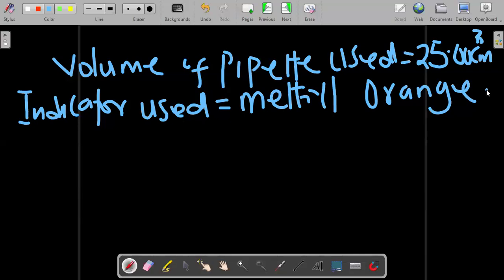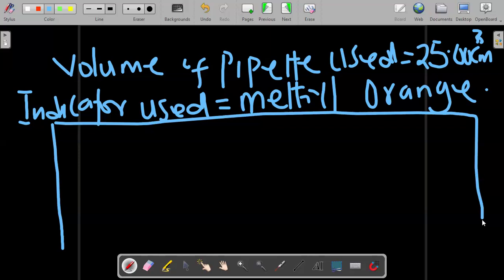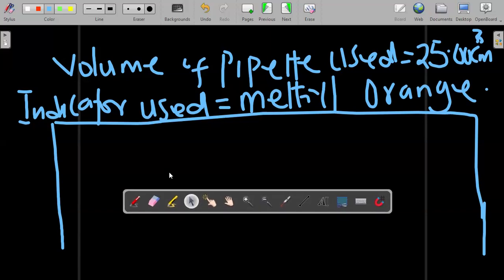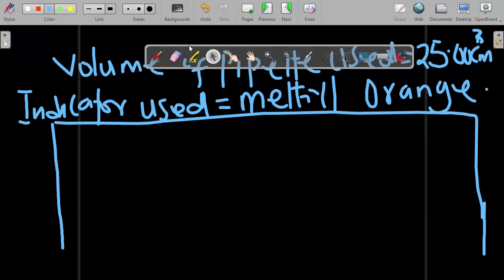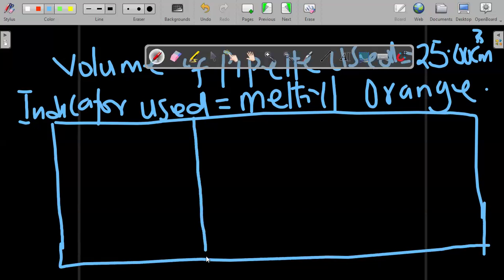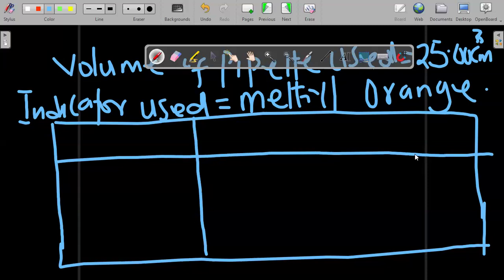Then after which, you now draw your table at the bottom of this statement. You draw your titration table this way, in this manner, like this. So you write titration. Here you put rough.